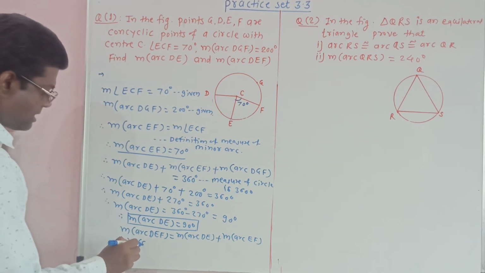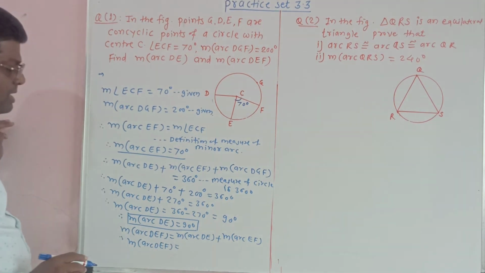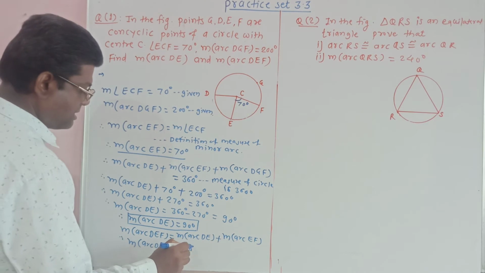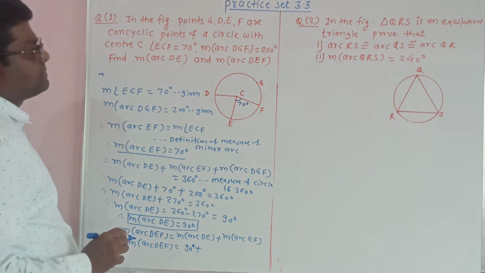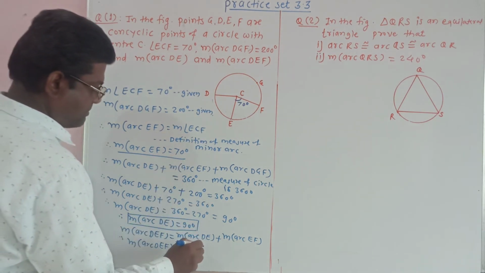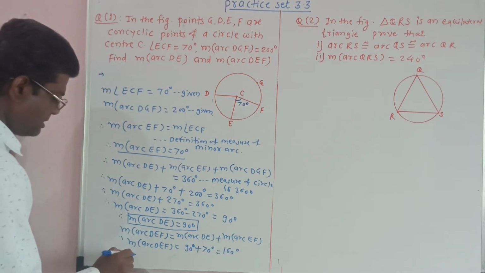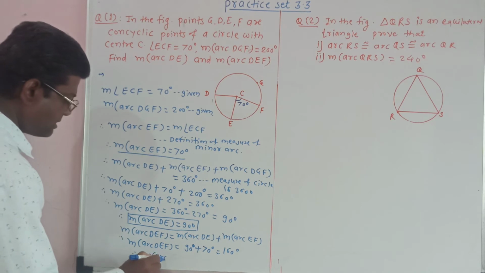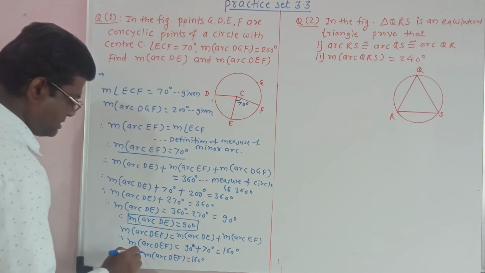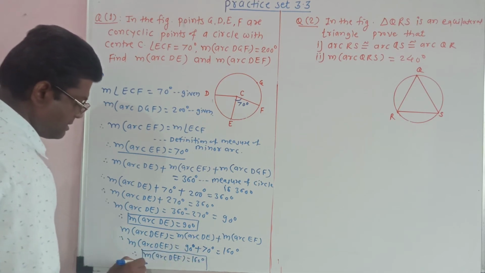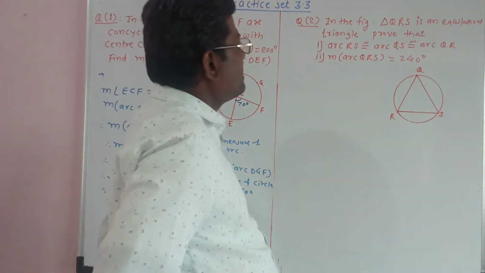Therefore, measure of arc DEF is equal to measure of arc DE is 90 degree plus measure of arc EF. Measure of arc EF is 70 degree is equal to 160 degree. Therefore, measure of arc DEF is equal to 160 degree is our second answer.